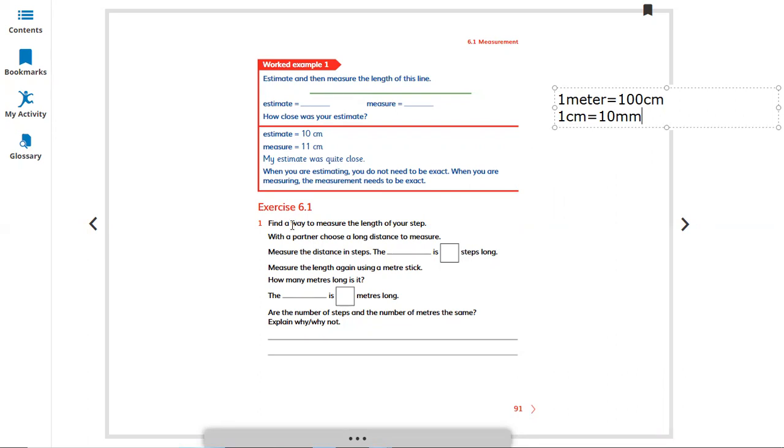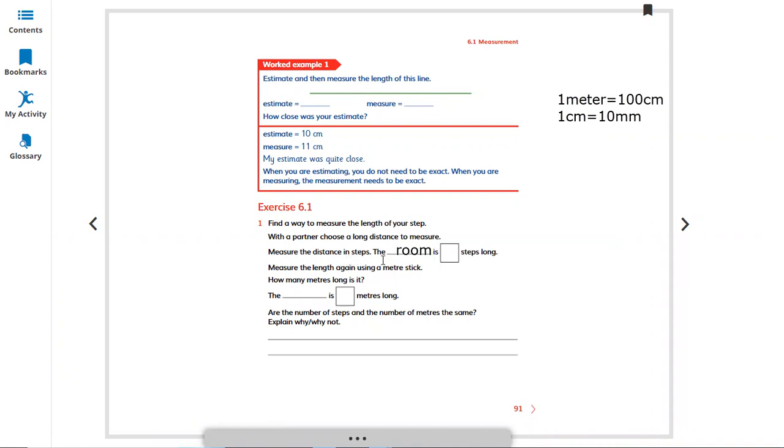So measure the distance in steps. The distance is blank, so we can write here. So let's measure the room. Measure the distance in steps.